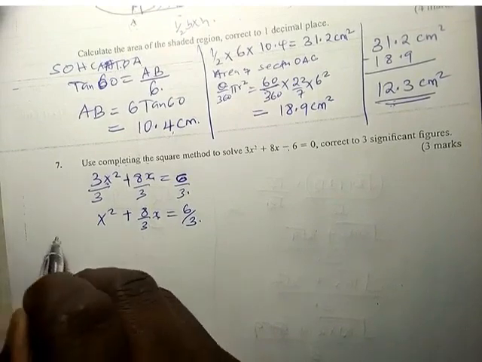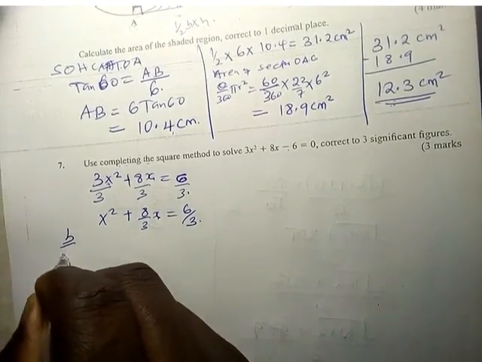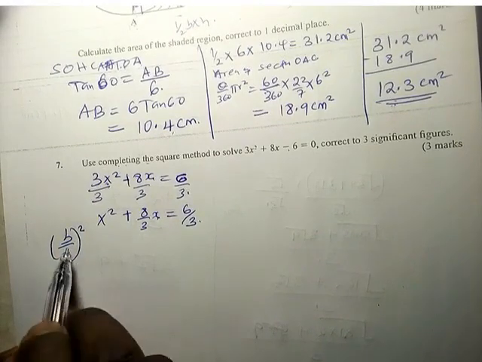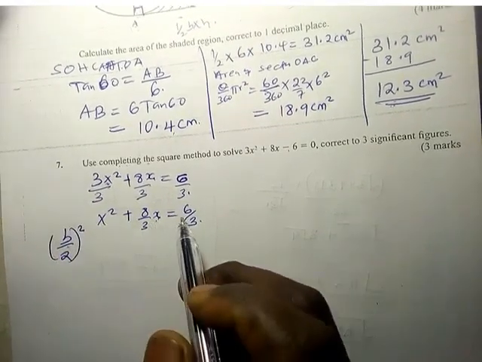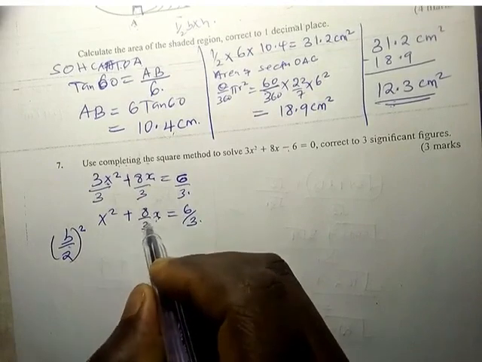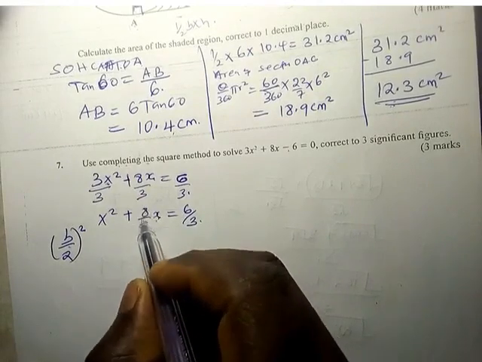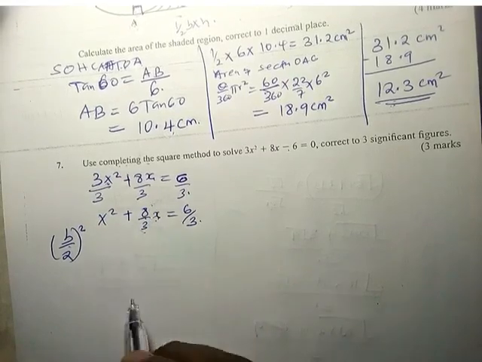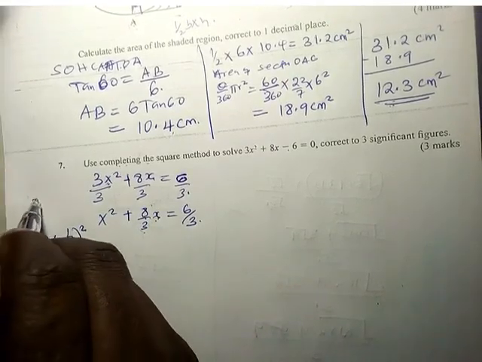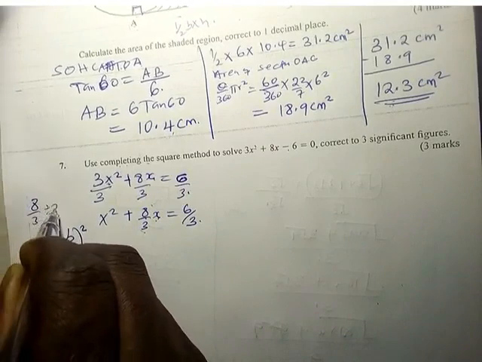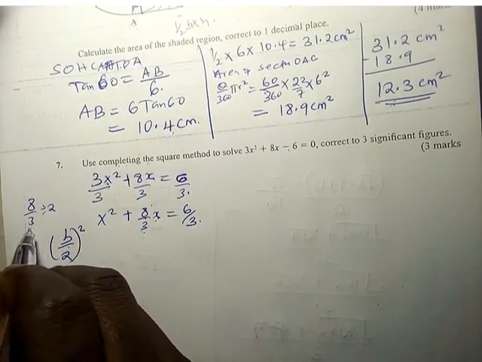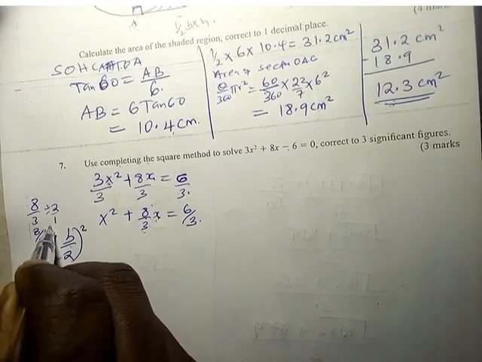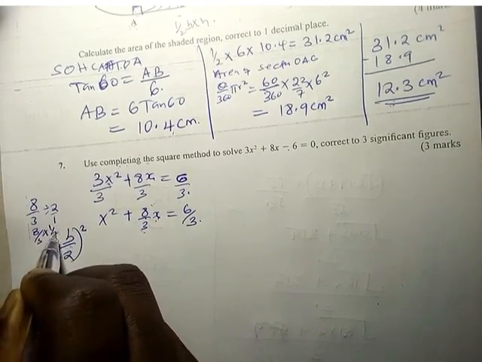Having reached there, you remember that b over 2 raised to power 2. That relationship is what we use here. So our b is this one. We need to have b divided by 2 and then square. So 8 over 3 divided by 2. How much will it be? It will be 8 over 3 times 1 over 2, which is 4 over 3.